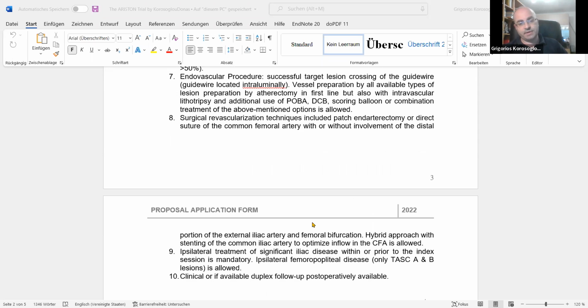In addition, we decided that we would like to include patients that have concomitant lesions in the ipsilateral femoral-popliteal axis, but not very complex lesions. So after the common femoral artery in the outflow, the patients will have to have at least one vessel outflow in the below-the-knee vessels, and they may have TASC A or B lesions, but not very complex TASC C and D lesions.